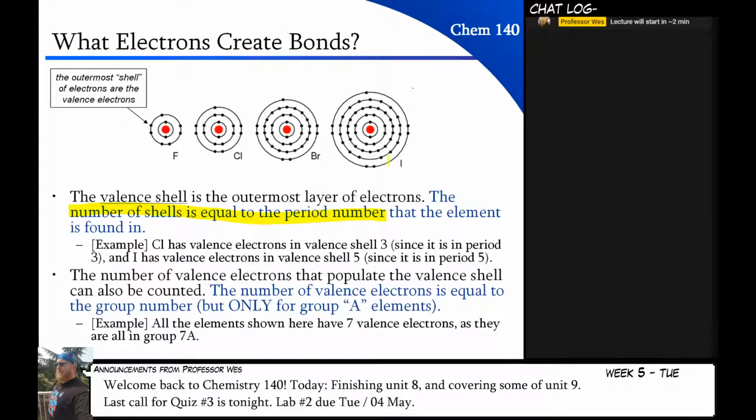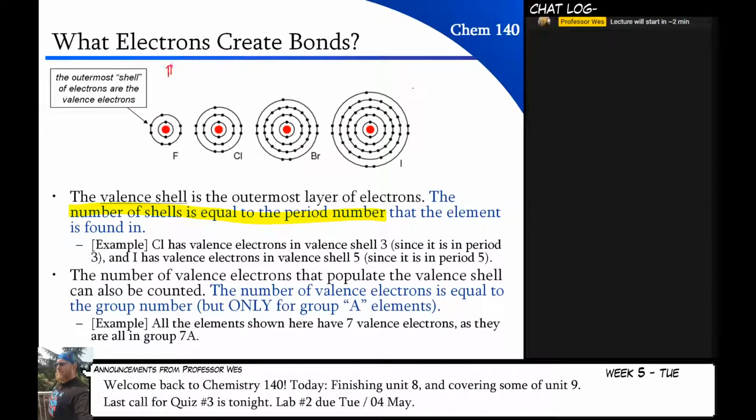Now, the number of valence electrons that you have is equal to the group number if you are looking at group A elements. The easier way to do this, if you're not using a periodic table that has group A elements on it, is we're going to do the following.